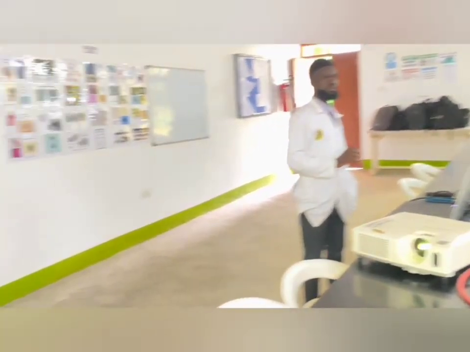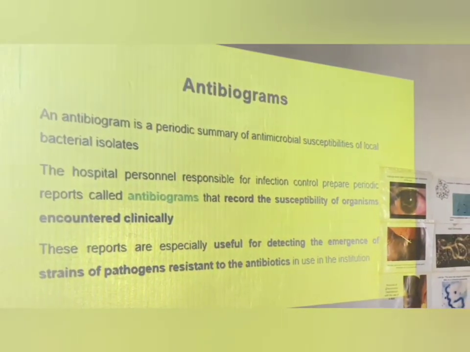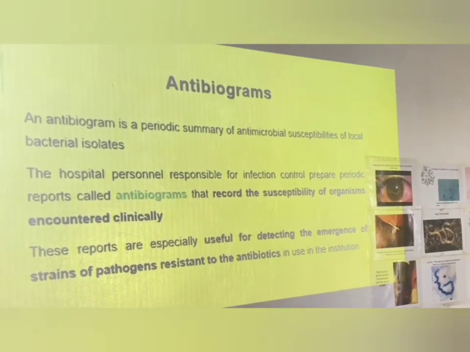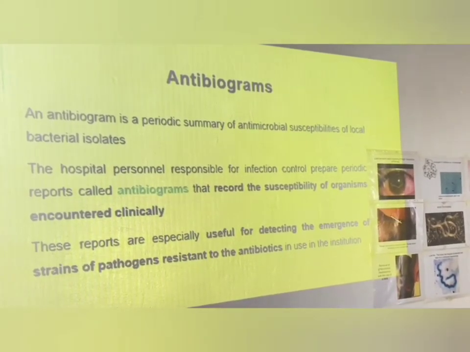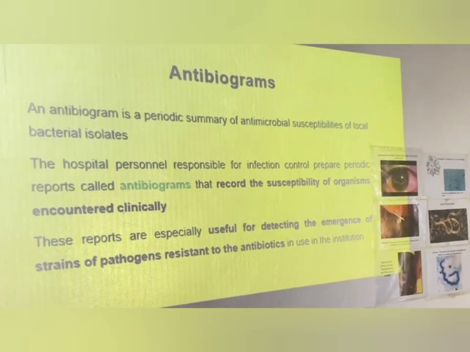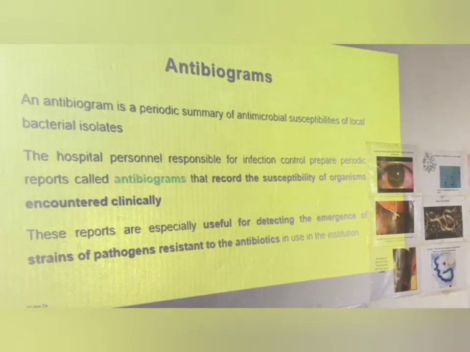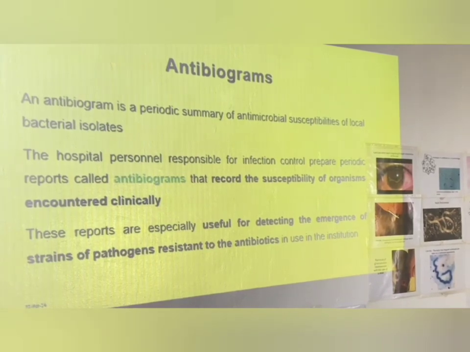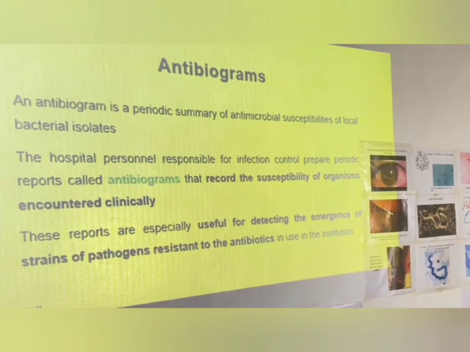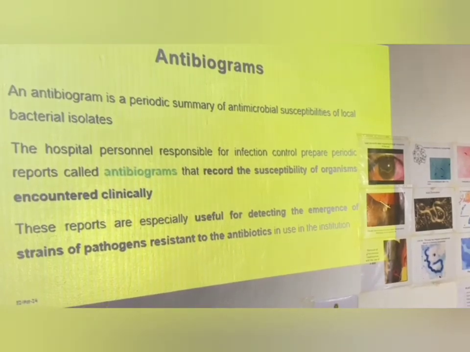Every hospital should have a committee, scientists doing the work of AST. That is their work. On every patient, the pathogen is isolated. They need to purify it, carry out sensitivity testing, and make a record of it every day. At the end of the month, or 3 or 6 months, they make a report and present it to the hospital.